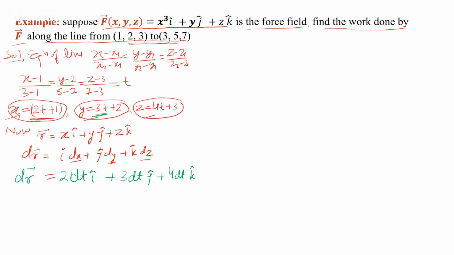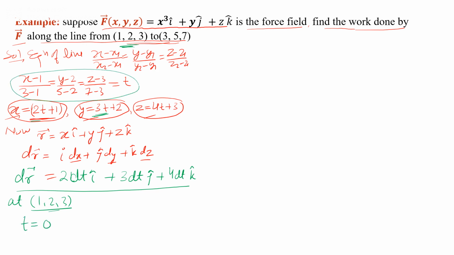So that is dr. Now we also have to find the limits, meaning the value of t at those points. At point (1, 2, 3), if we put this point in the equation, t is 0, and at (3, 5, 7), t becomes 1.